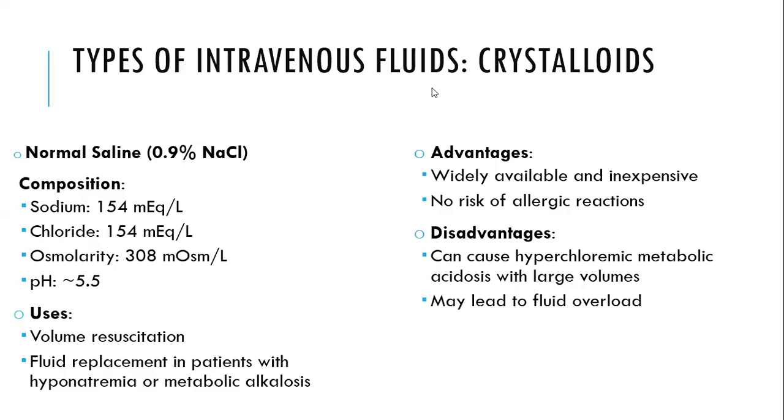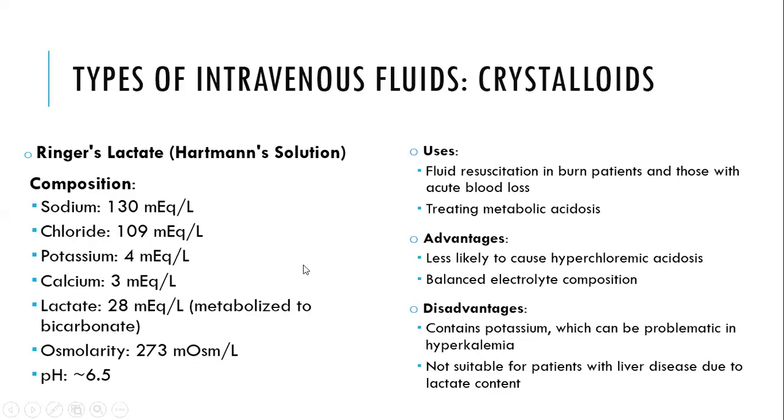Please comply. So the second fluid we're going to look at is Ringer's lactate. Sometimes we call it Hartmann's solution, but there's a slight difference between the two in terms of their composition. The advantage Ringer's lactate has is that it has two other additions, calcium and lactate. This lactate can be metabolized to bicarbonate, and that's why it is useful in treating metabolic acidosis.